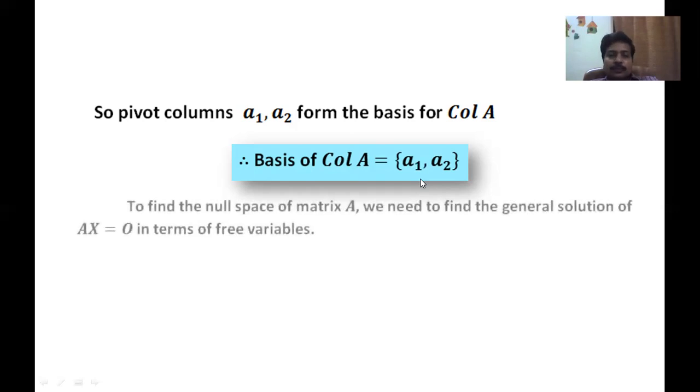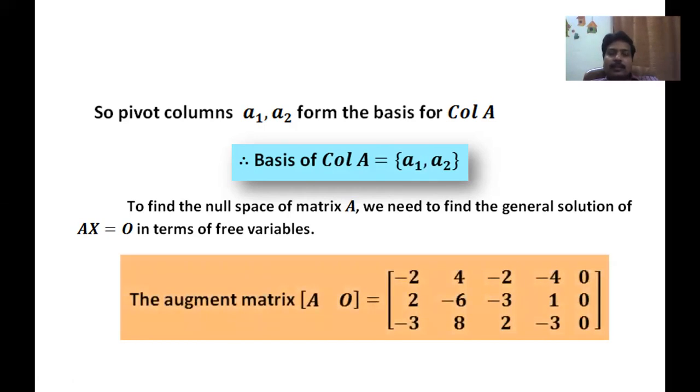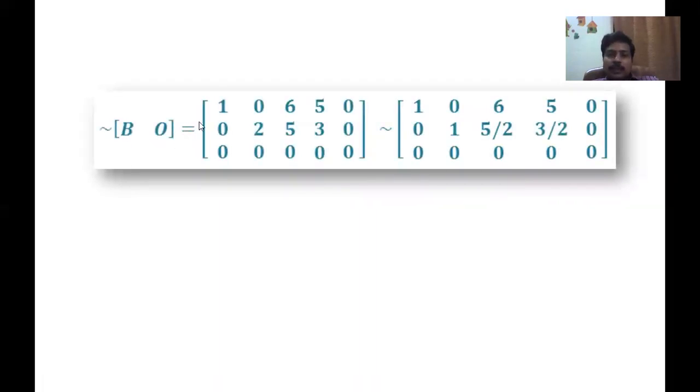To find the null space of matrix A, as we did in the earlier problem, we need to find a general solution for Ax equals 0. So the augmented matrix [A 0] is this one. We are adding zero entries in the last column to the given matrix A. That is equivalent to [B 0], since B is the echelon form of A. But to get the null space, we need the matrix in reduced echelon form, and it is not in reduced echelon form.